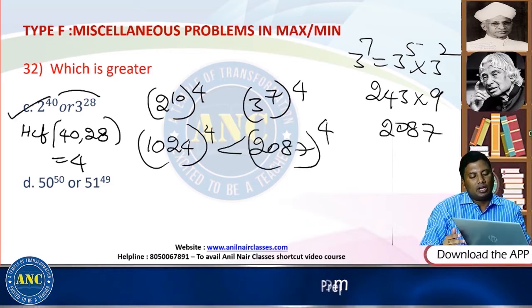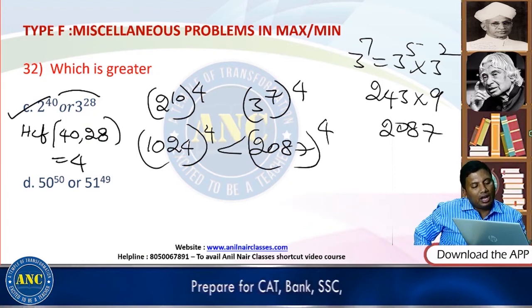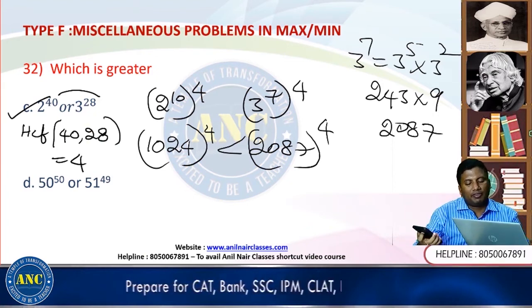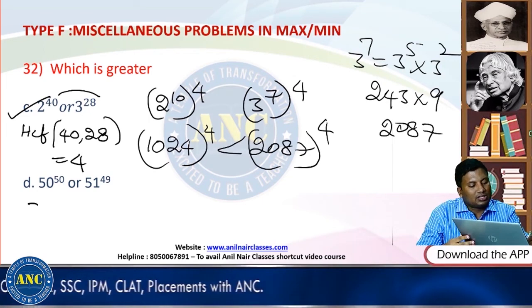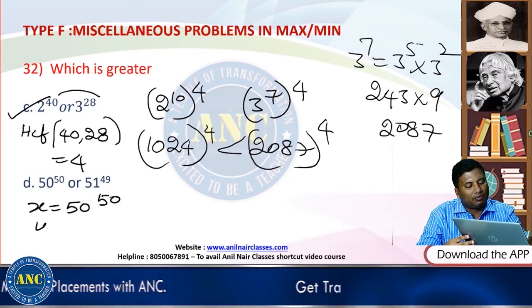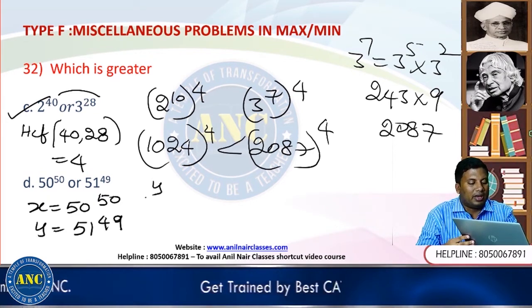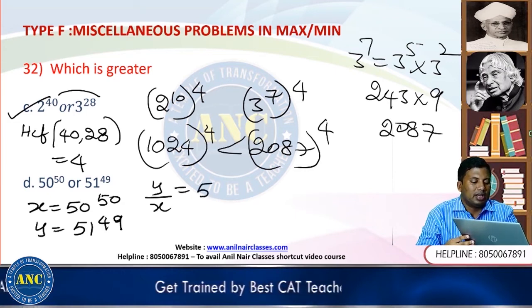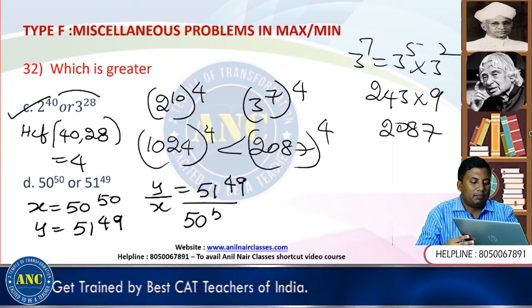Question number C. Question number D. 50 power 50 or 51 power 49. So if x is equivalent to 50 power 50 and y is equivalent to 51 power 49, if I divide y by x, this is nothing but 51 power 49 divided by 50 power 50.